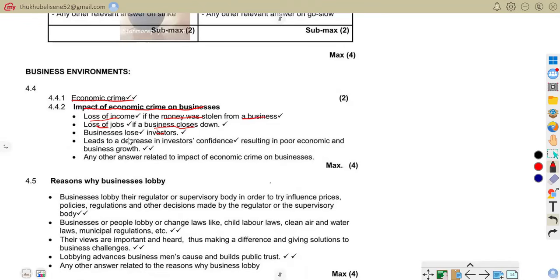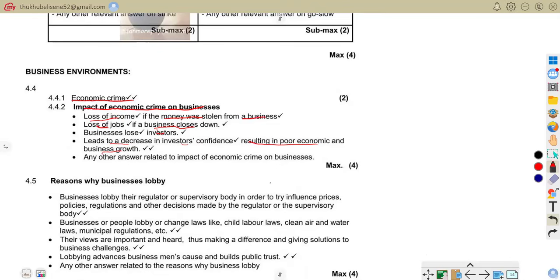Investors lose confidence in the business if there is economic crime, so investors will withdraw funding. This leads to a decrease in investors' confidence, resulting in poor economic and business growth. So economic crime discourages investment and slows growth. Any relevant answer is accepted.